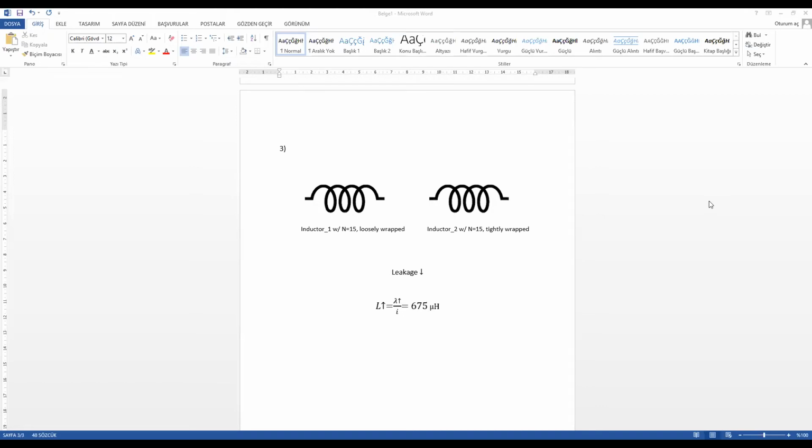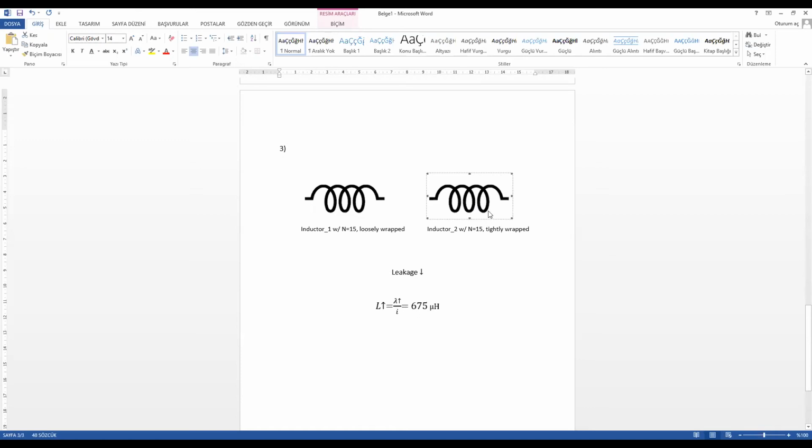In the third question, we use two same inductors, as you can see, the first one loosely wrapped and the second one tightly wrapped. The only difference is that the second inductor was more tightly wrapped and taped for a tighter fit in the lab video.